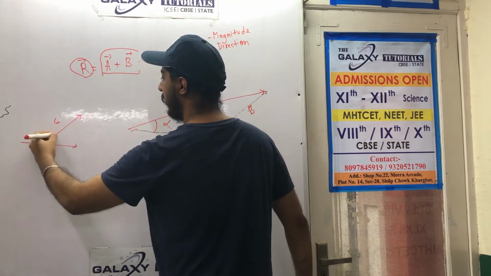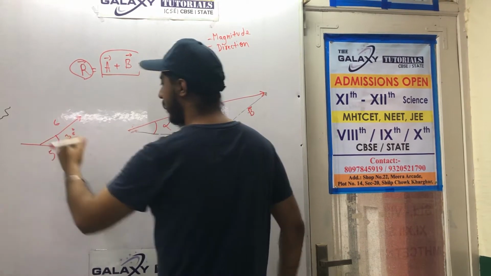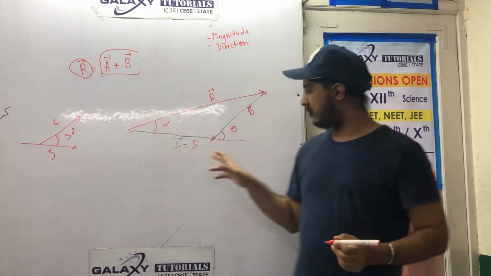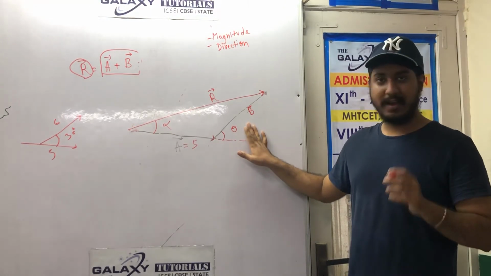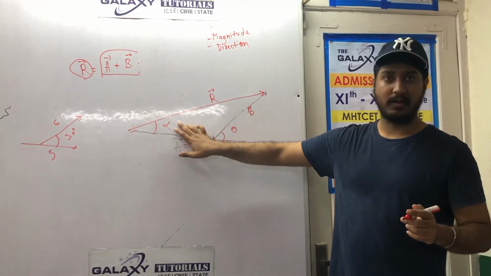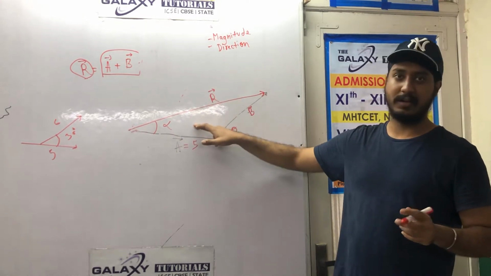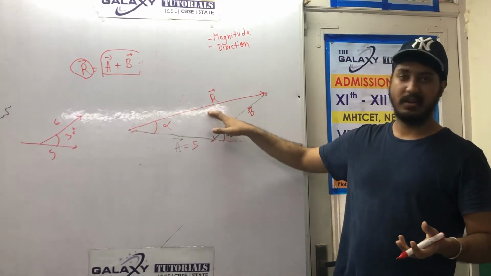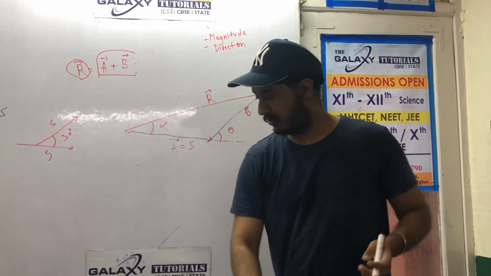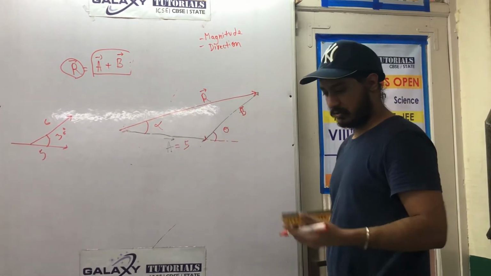You will be given, say, this angle is 30 degrees. So when you are solving in the exam, you will be given the angle. So don't worry about this theta angle. What angle do we have to find? This alpha. Alpha is the angle that the resultant vector is making, or you can say it is the direction of the resultant vector.